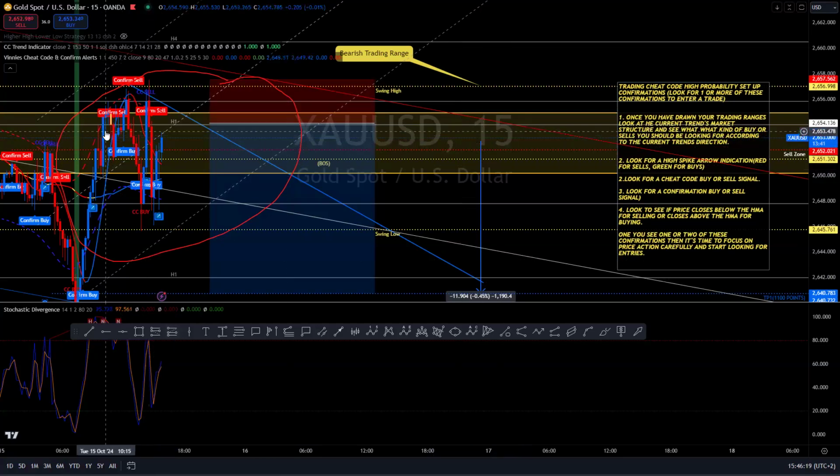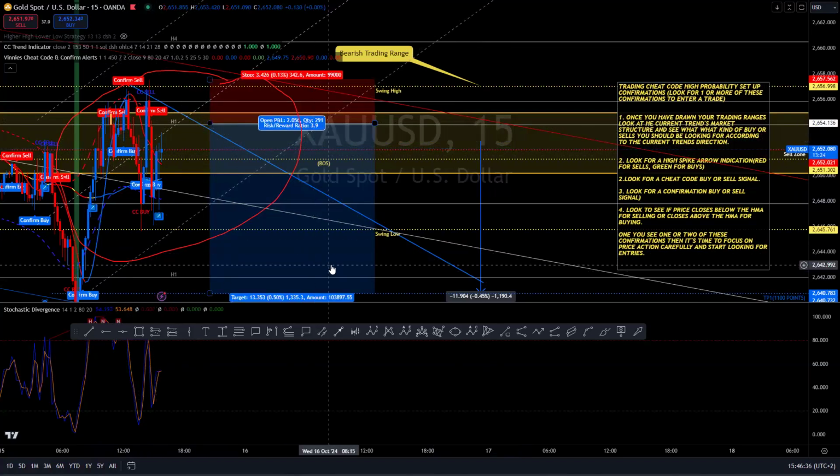Now I wonder if it's going to hit this structure and then go the other way, go down. Actually, this is really the most recent structure here, technically. After this, the price could be getting up to here and then we go back.